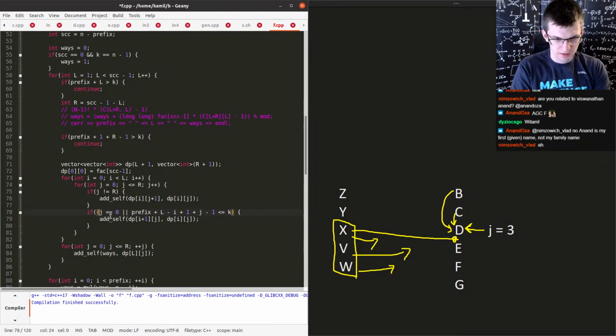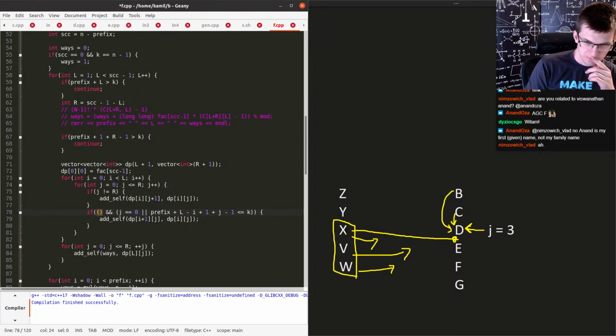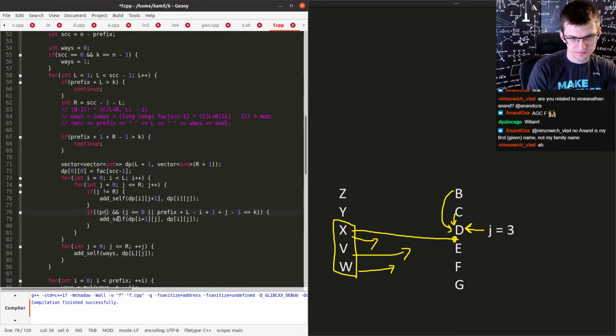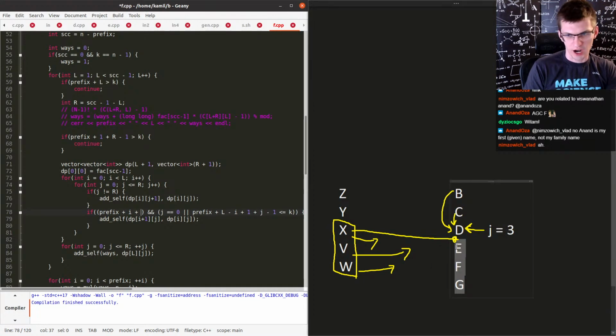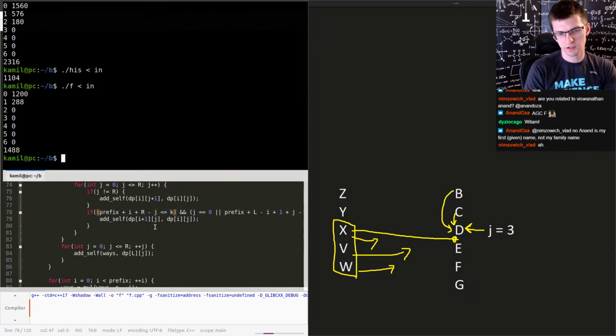What's the input degree of vertex I? Well, that's prefix plus I, vertices above me, plus R minus J.